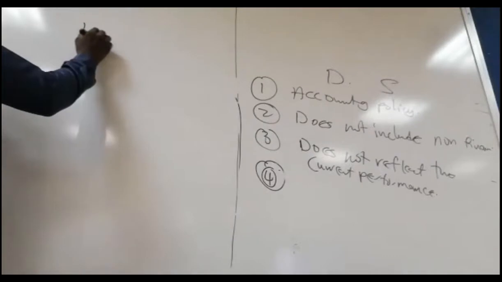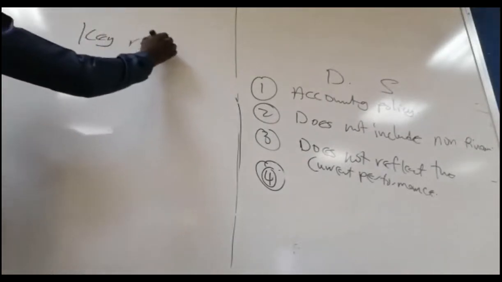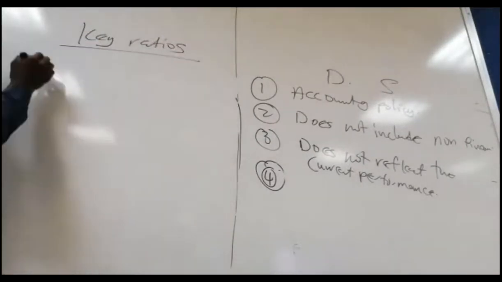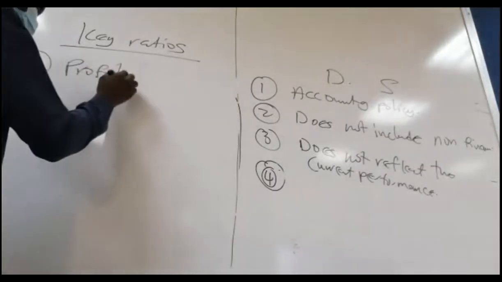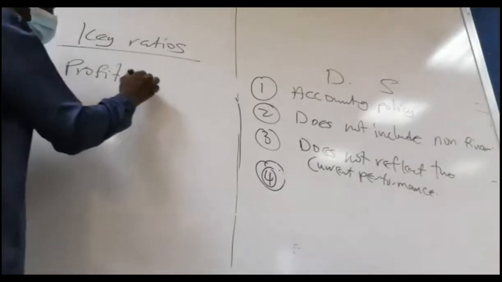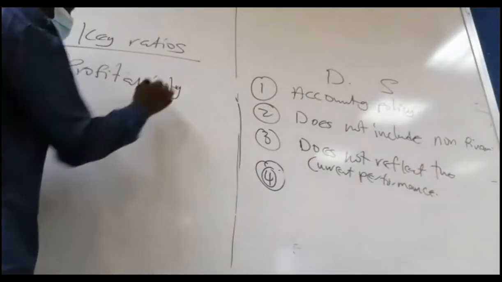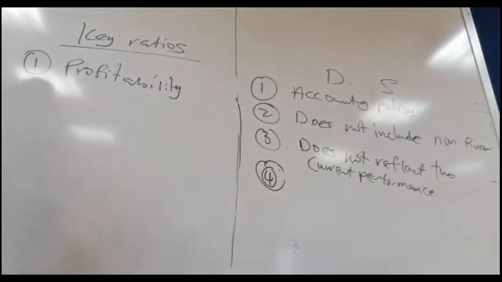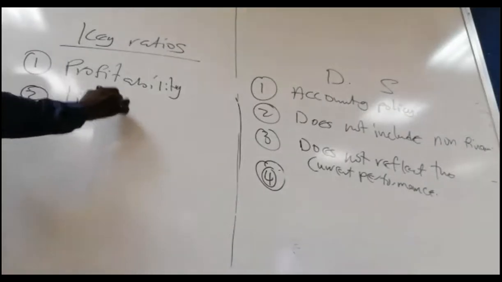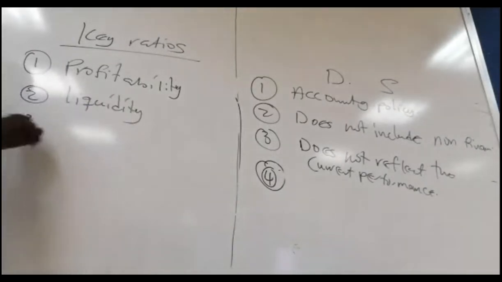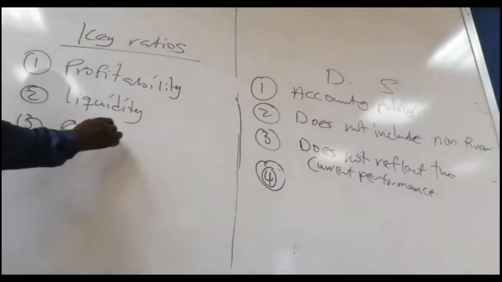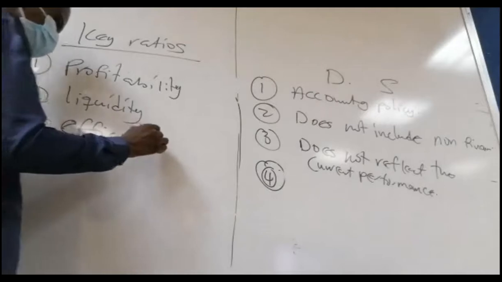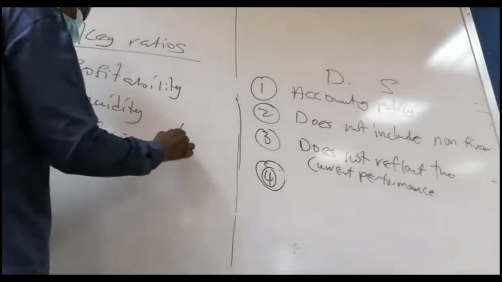So the key ratios, there are 5 in number. 1, profitability. 2, liquidity. 3, efficiency, or activity.